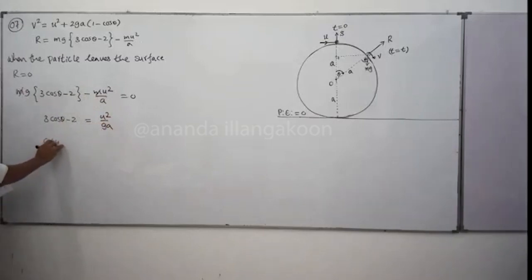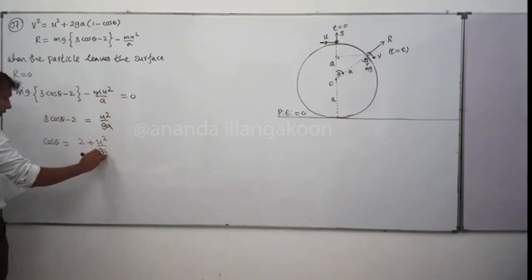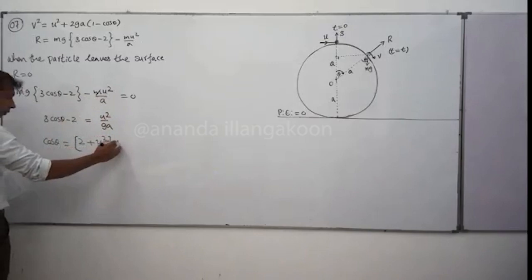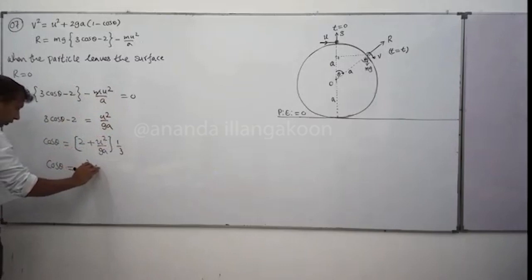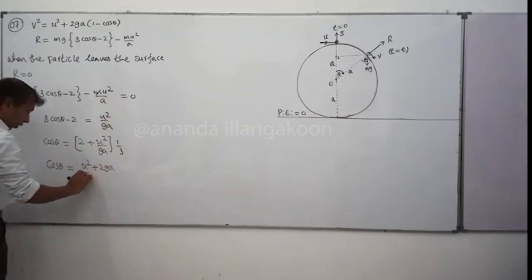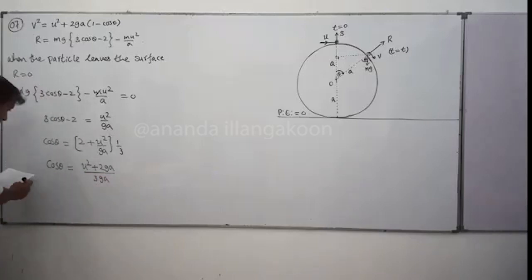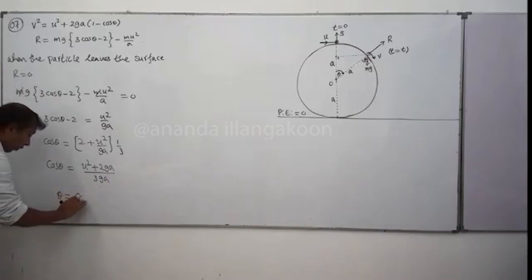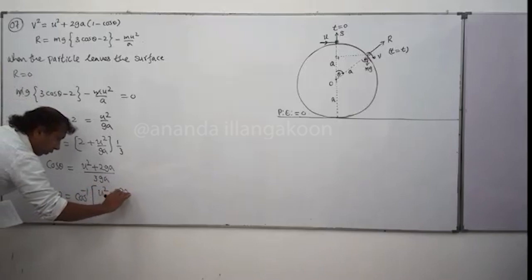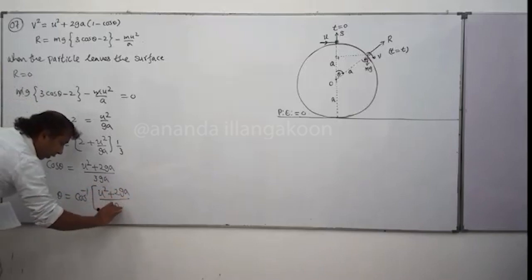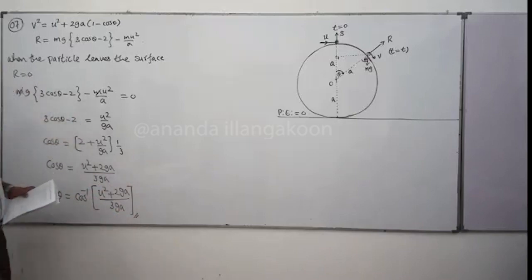Then cos theta equals (2 plus u squared upon ga) divided by 3, which is (u squared plus 2ga) divided by 3ga. So theta equals cos inverse of (u squared plus 2ga) divided by 3ga. This angle theta is given in the question as alpha.